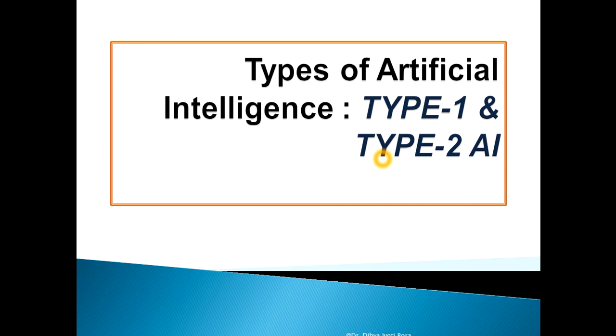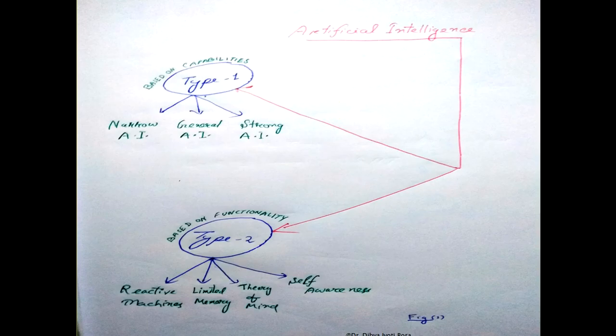Now, coming to the types of artificial intelligence. We have type 1 and type 2 AI. So let's see what they are. Sorry if I'm not creating a very good picture in this diagram, but I think I am able to draw some meaning to these different types of AI.